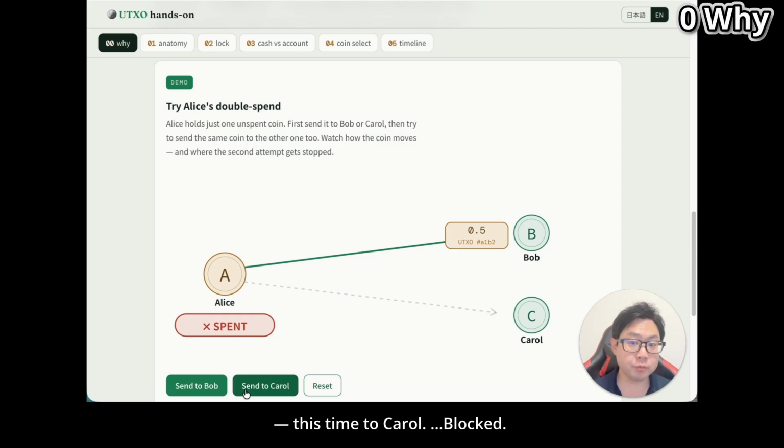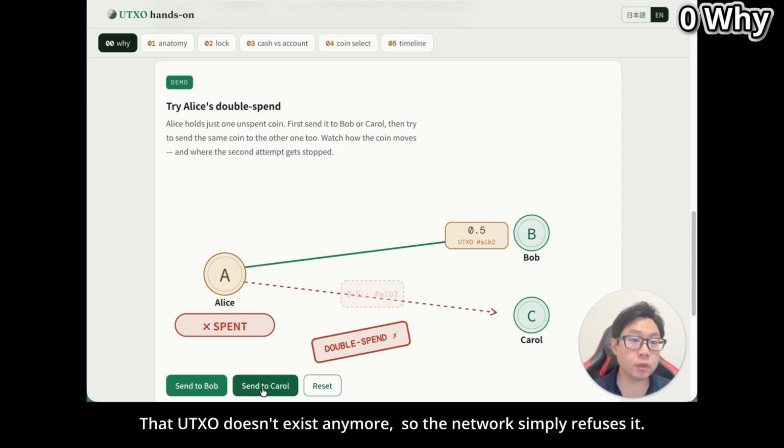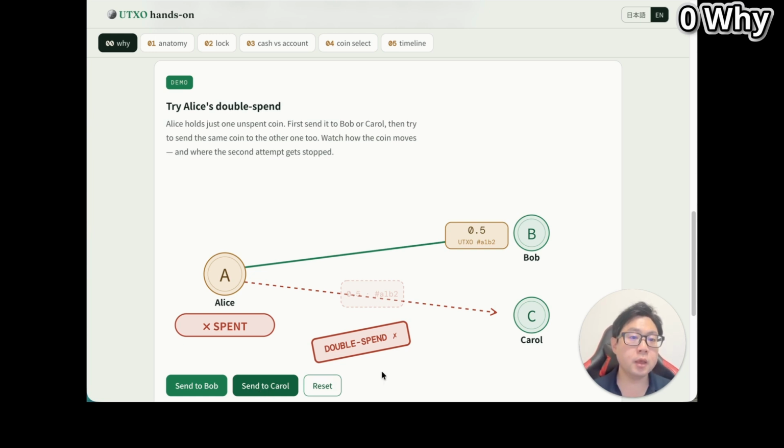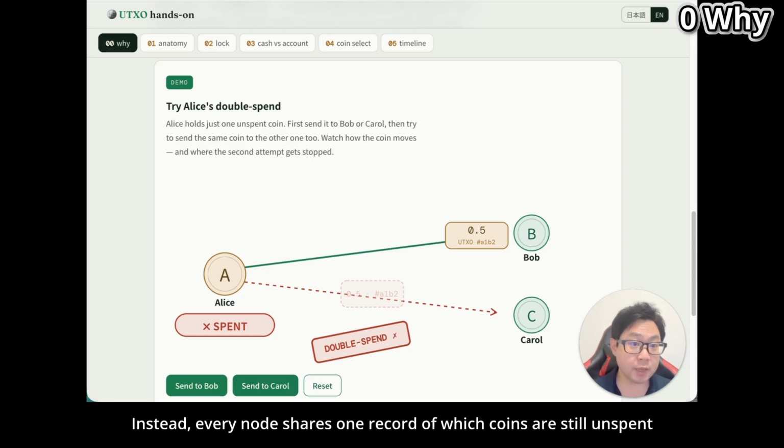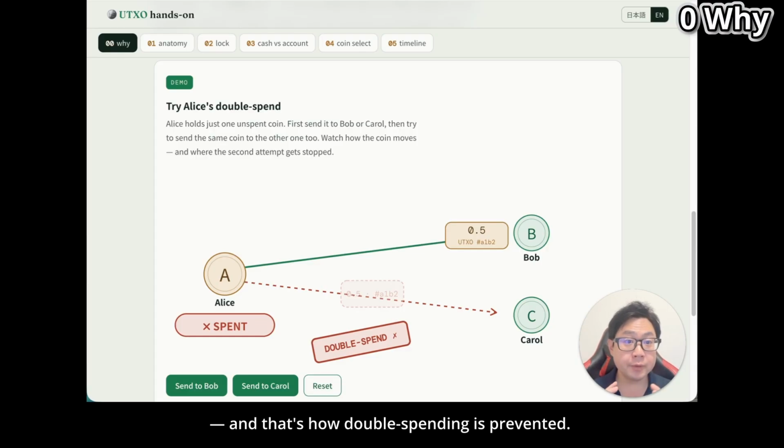Send to Carol, and blocked. That UTXO doesn't exist anymore, so the network simply refuses it. Bitcoin doesn't chase the money itself. Instead, every node shares one record of which coins are still unspent, and that's how double spending is prevented. This is the starting point for everything else.